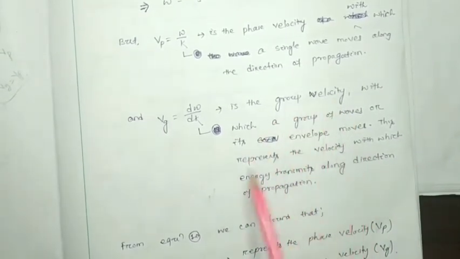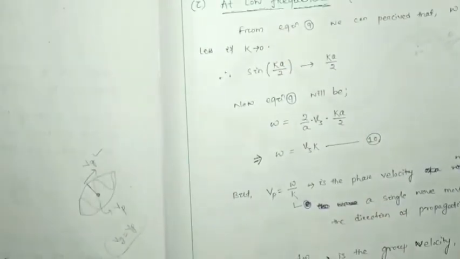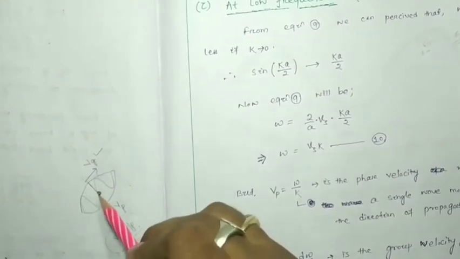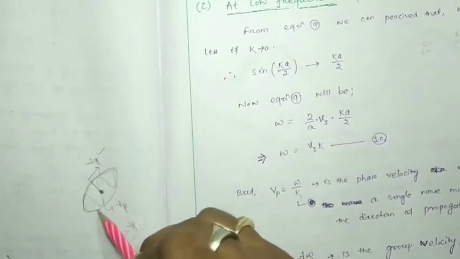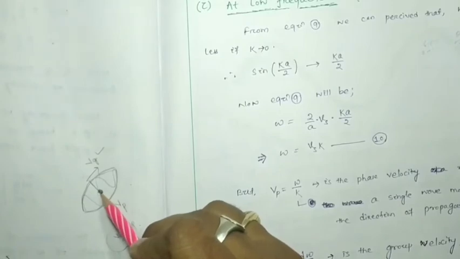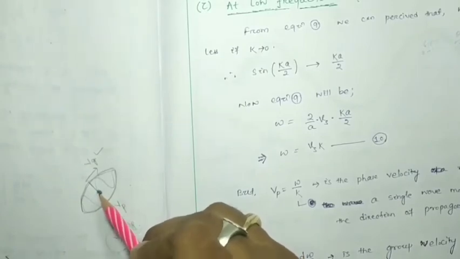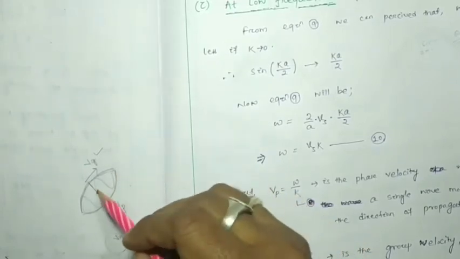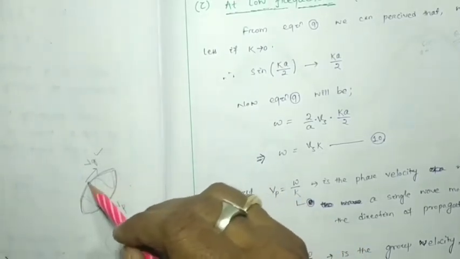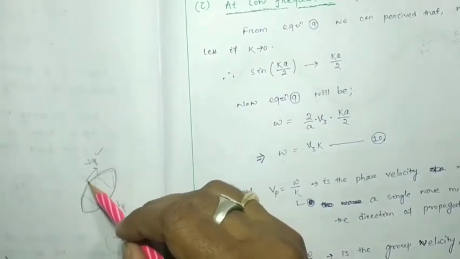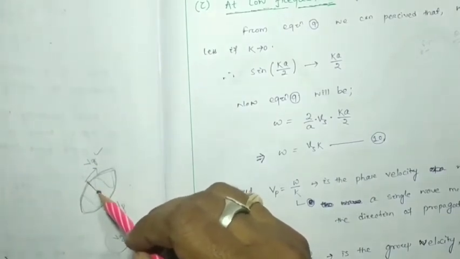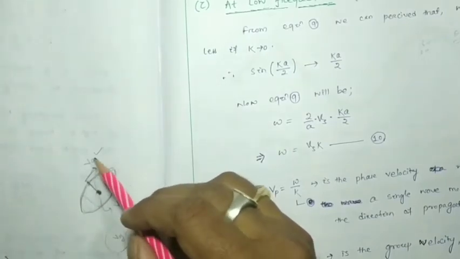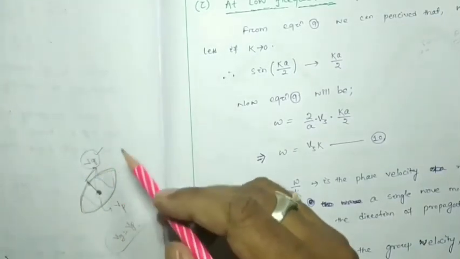This represents the velocity with which the energy is transmitted along the direction of propagation. In simple terms, Vg represents the motion of the particle. This is the envelope, and at the center we find the most probable position of the particle. So this envelope, or this peak where the particle is, moves with a velocity, and that velocity is called the group velocity.